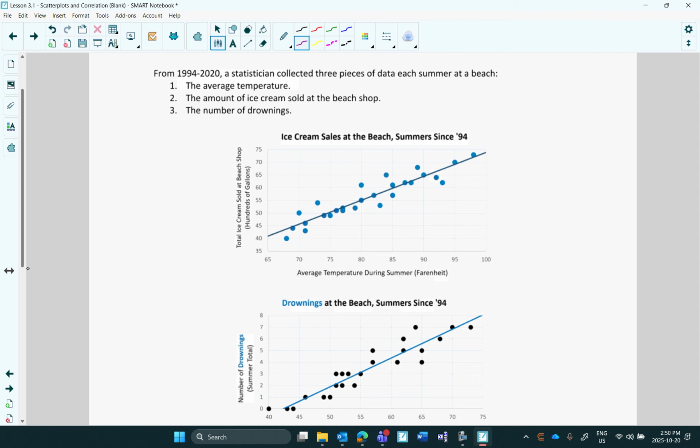Describe this relationship for me. 4 things. Positive, strong, no outliers, linear.